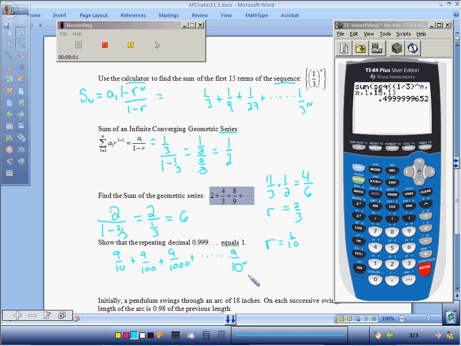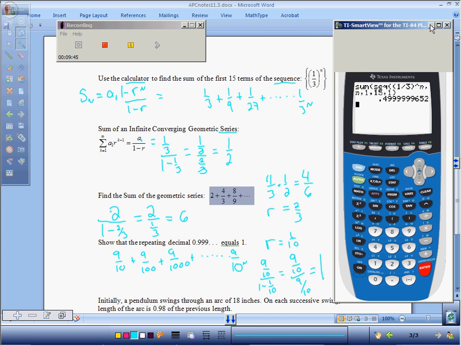So using this formula up here, I get 9/10 divided by 1 minus 1/10, which equals 9/10 divided by 9/10, which is actually equal to 1. So this repeating decimal, if I go on forever and ever, we have just proven that that is equal to 1, which is kind of weird. Anyway, but interesting.